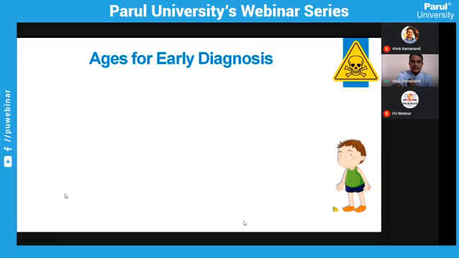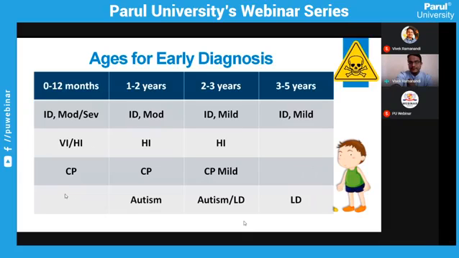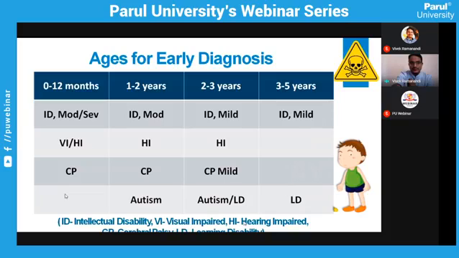Now, what are the ages for early diagnosis of a variety of developmental issues? During the first 12 months, or 1 year, we can identify intellectual disabilities which are moderate to severe in nature, visual and hearing impairments, and cerebral palsy.